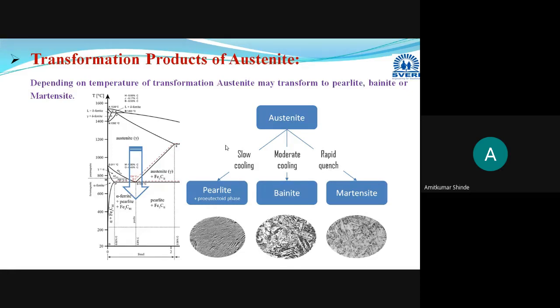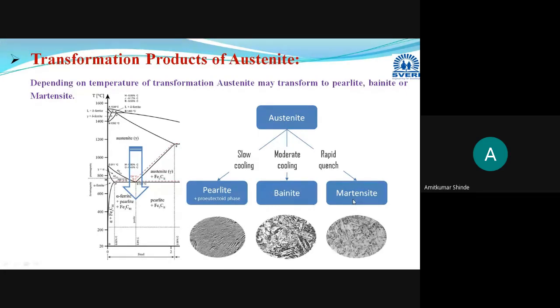Depending on the cooling rate and the temperature of transformation, austenite may get transformed into pearlite, bainite, or martensite. Generally only these three kinds of products will be there.